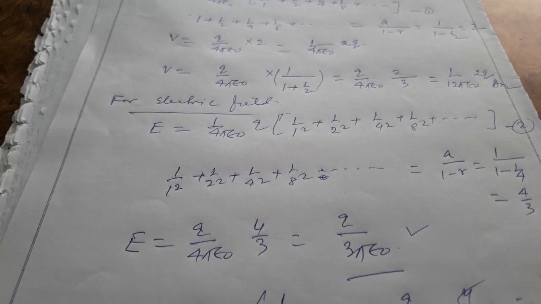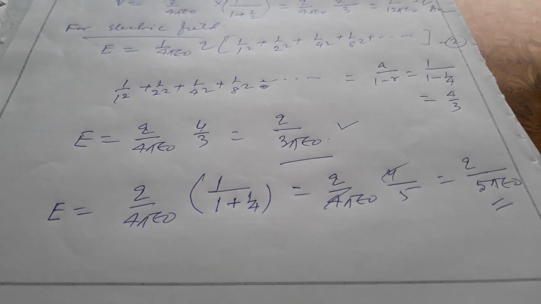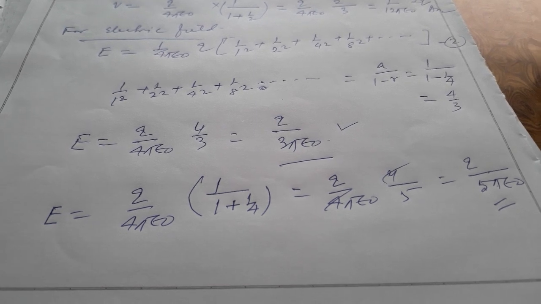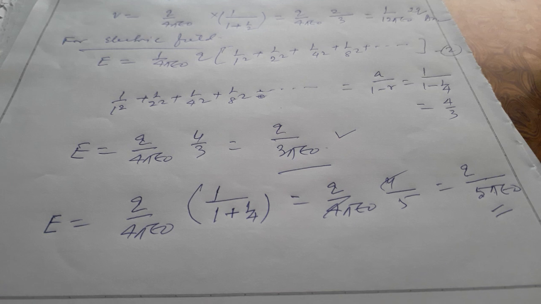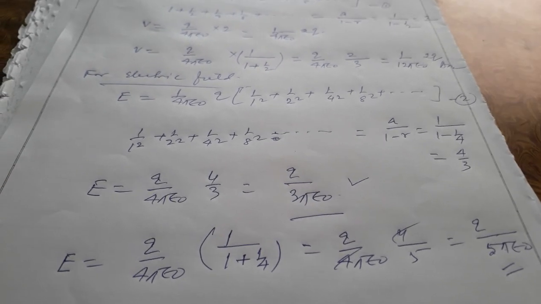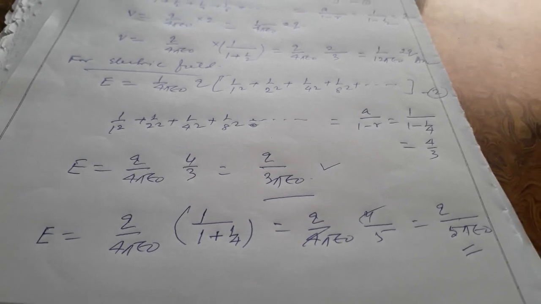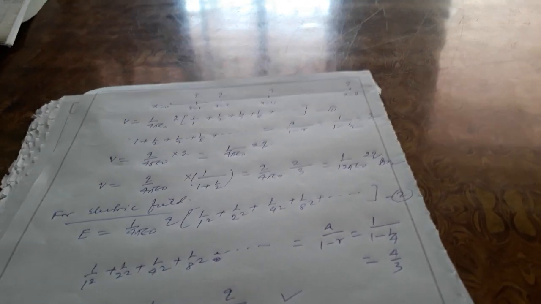This is the answer. So you have got the answer in two cases: one, when the charges have their positive sign, and in the second case when consecutive charges have opposite sign. I think you might have understood all the concepts which I have given right now.